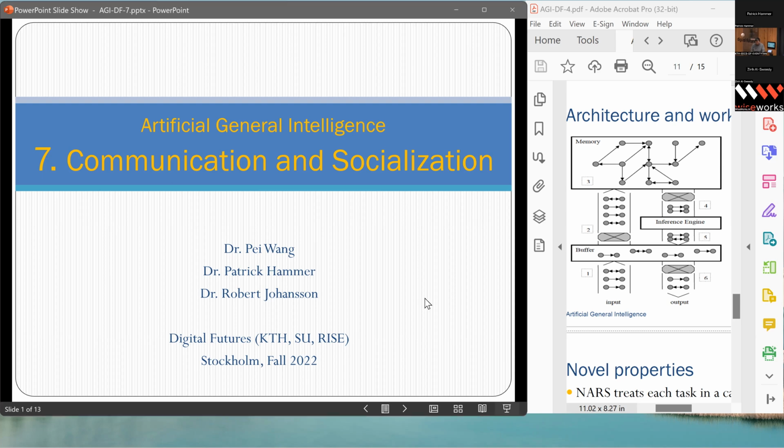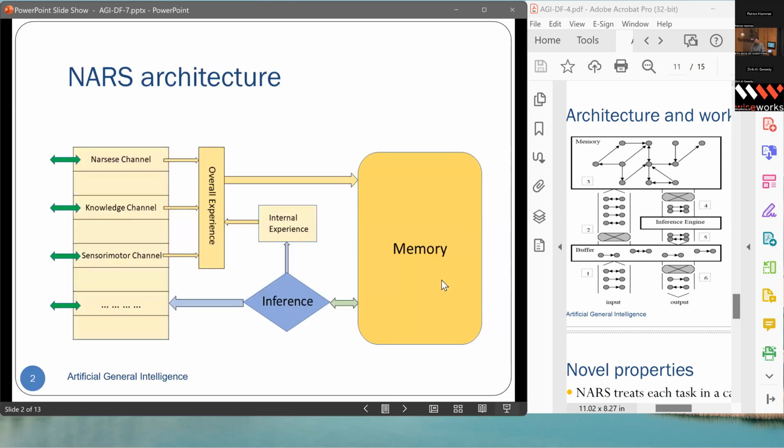So we will start with the architecture of one implementation of the system. You can compare it with the architecture I introduced several weeks before. The basic idea remains the same. We still have a memory, we still have an inference engine, and there is a basic working cycle.